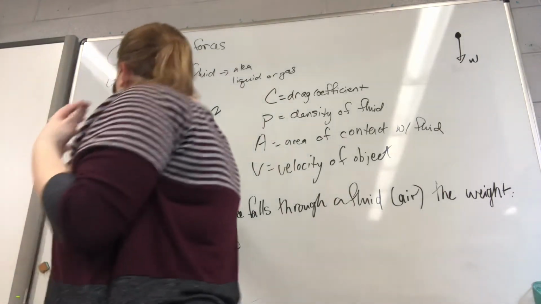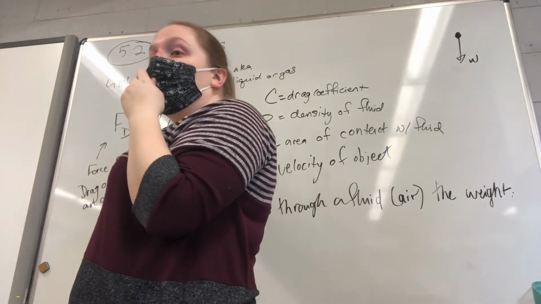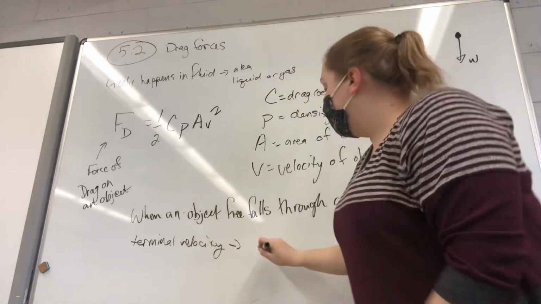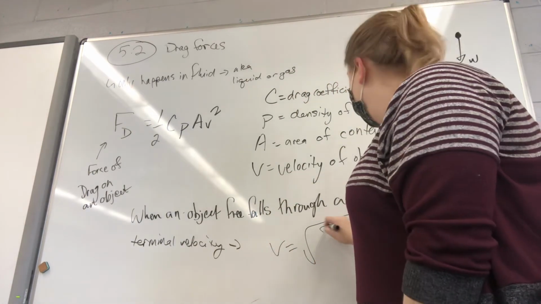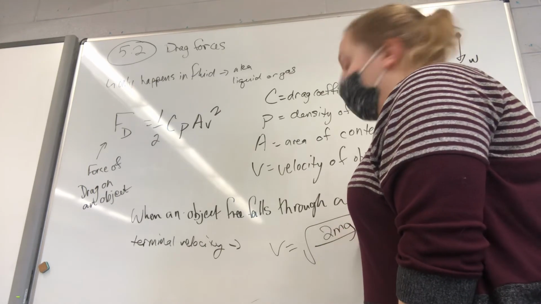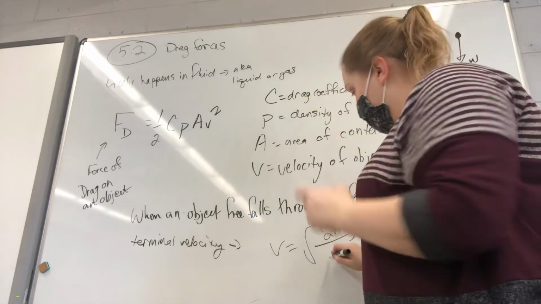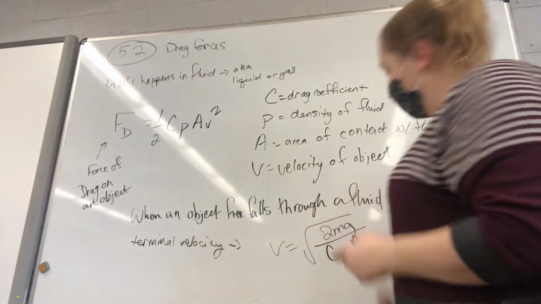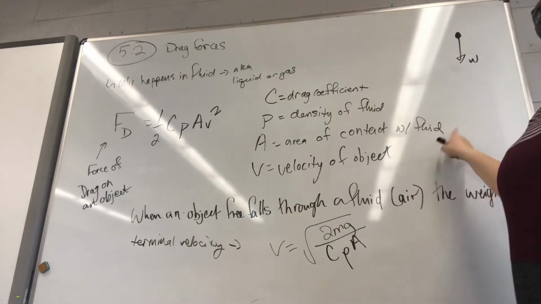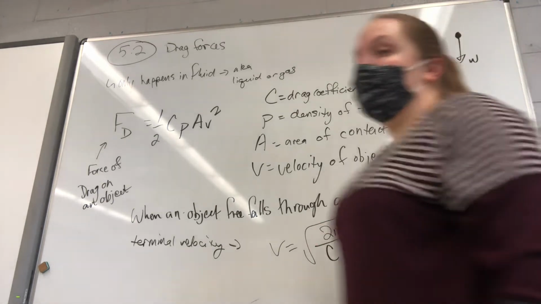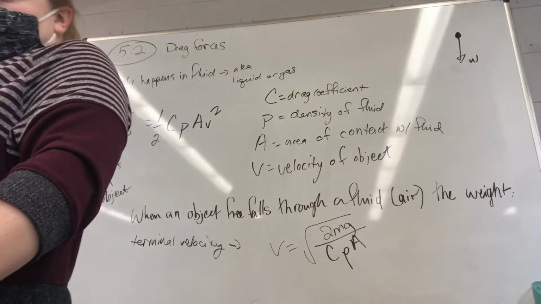Then we can rearrange to solve for the v in this equation, and this is where we get v equals 2mg over CpA. Same exact variables as up here, except for obviously gravity and mass.